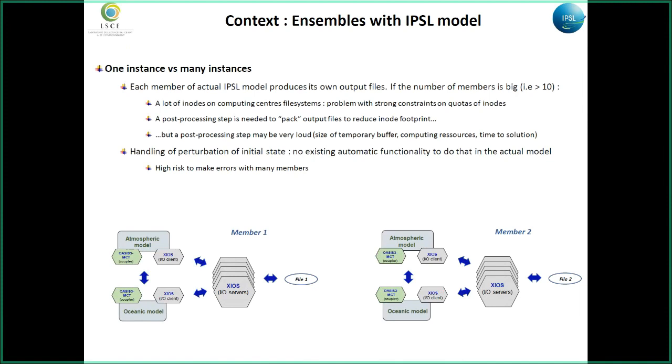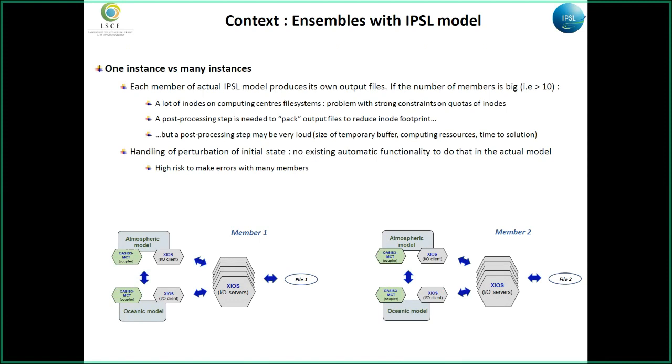Concerning the IPSL model, what does it mean to run ensembles with IPSL models? Each member of the actual IPSL model produces its own output files. That means if the number of members increases and becomes big, you will produce a lot of inodes on the computing center file system. That could be a problem because we have a strong constraint on the quota of inodes on the computing center file system.